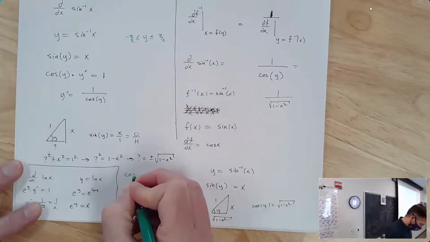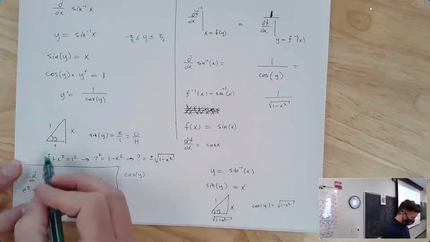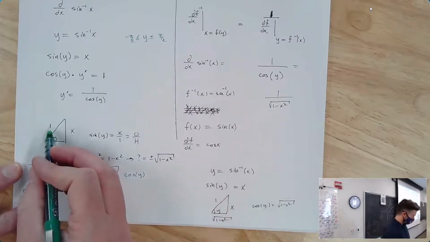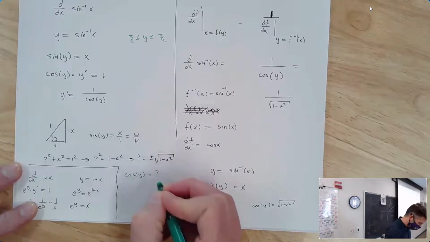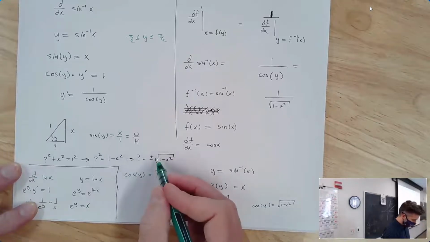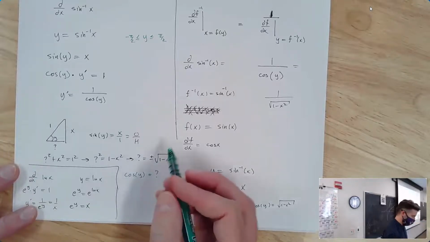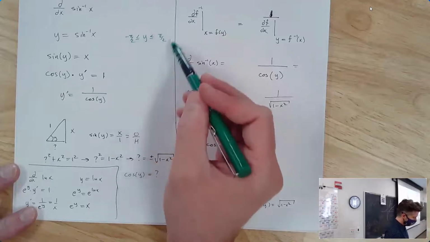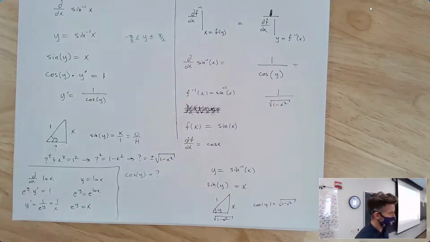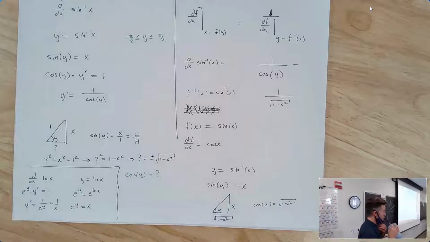Cosine of y is going to be this side over that. So it's going to be question mark, which is this. But let me ask you guys, my angle y, what quadrants is y restricted to? And what quadrants is cosine positive in?